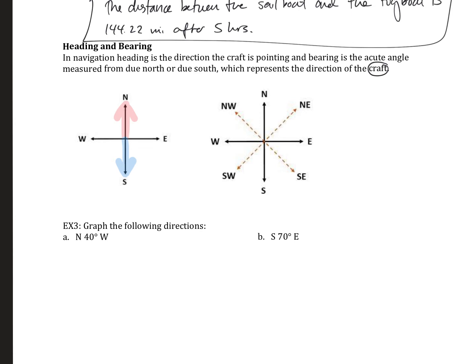For example, if I said south and then some angle east, I would go that many degrees in the direction of east, and that is where my object would be. If I was an object going north and then west, that would be called northwest. An object going north, east is northeast, and so on. And we have southeast, southwest, northwest, and so on.